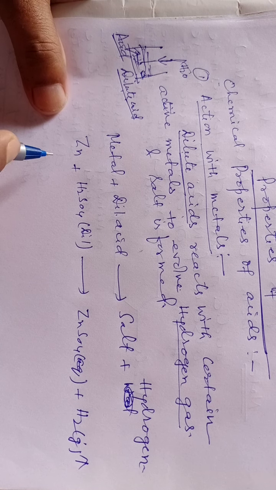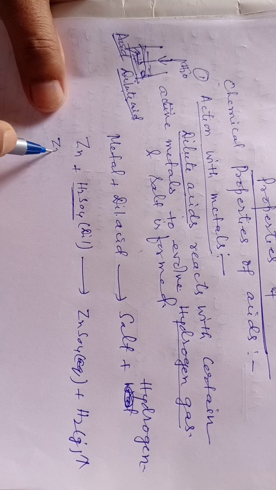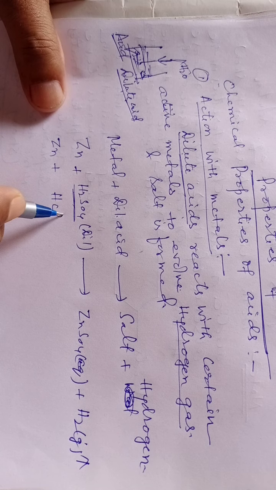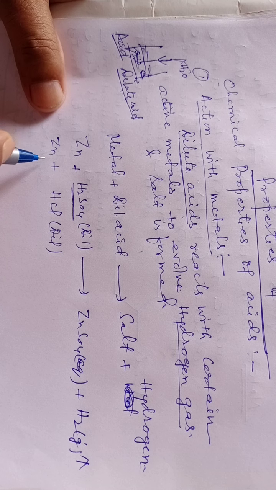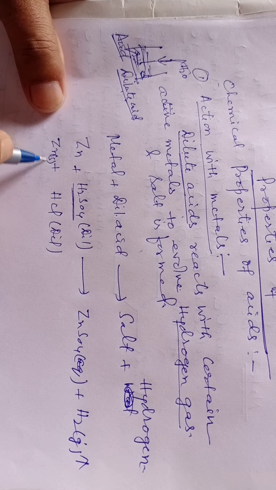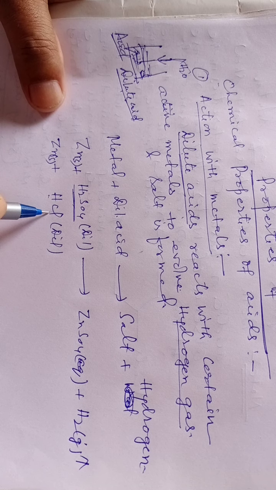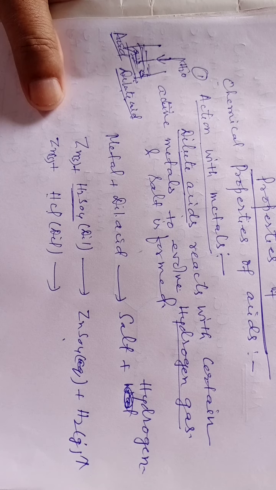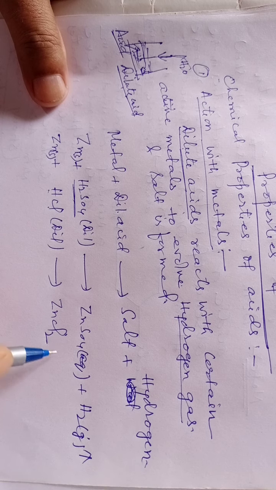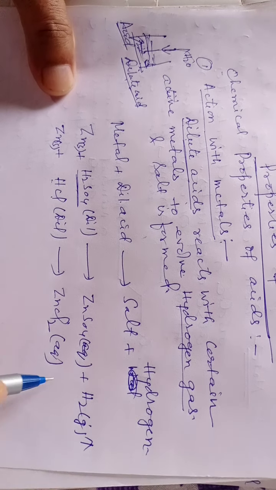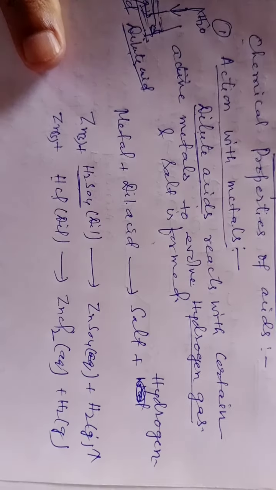Suppose we take dilute hydrochloric acid, now which salt is formed? Here zinc chloride is formed.